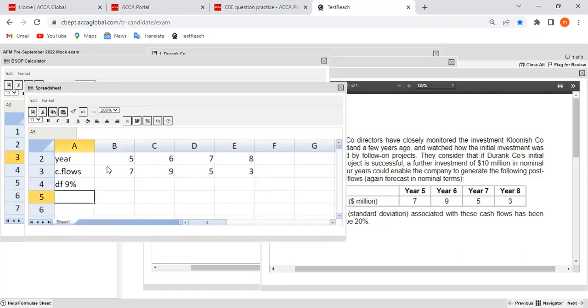Apply 1.09 raised to the power minus 5. This is coming as 0.65.